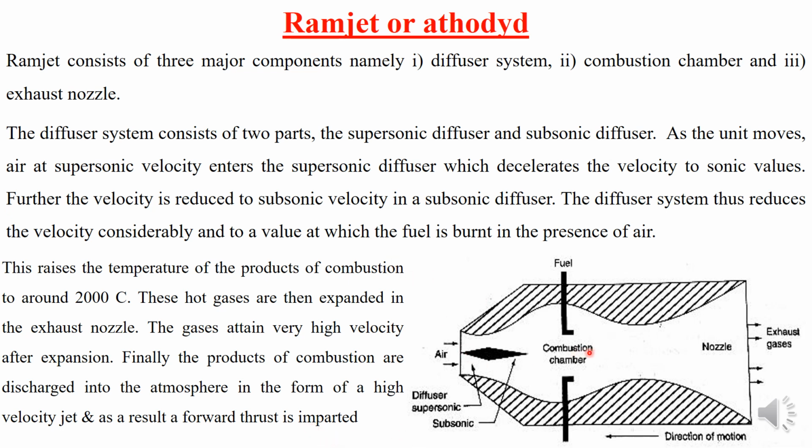Ramjets are boosted up to a speed of 300 kilometer per hour, and the efficiency of the ramjet engine depends upon the design of the diffuser section, which is very important because there won't be any moving part here. So the design of this diffuser is very important. Next we will move on to the advantages and disadvantages of the ramjet.